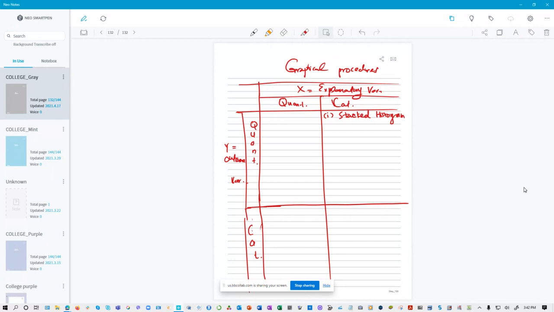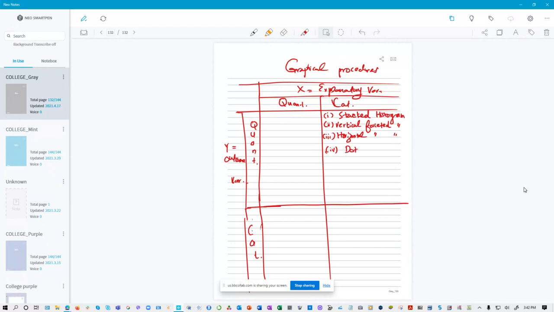Number 2, we did the vertical faceted histogram. Then the third one, we did the horizontal faceted histogram.